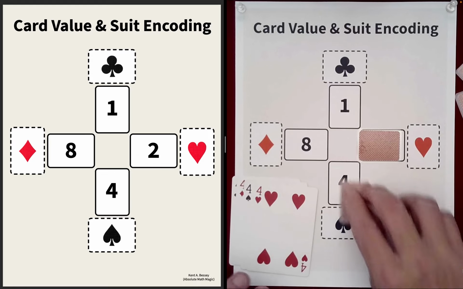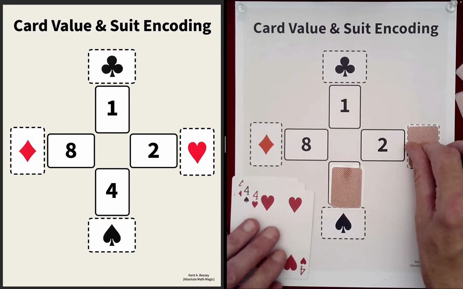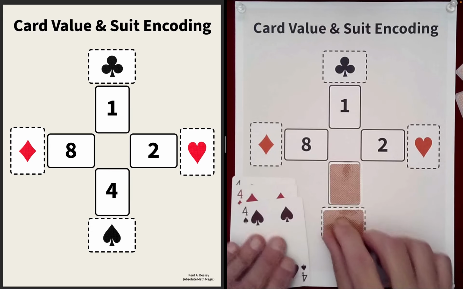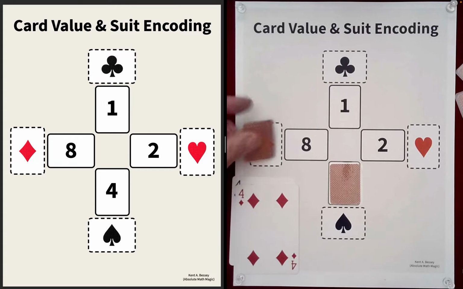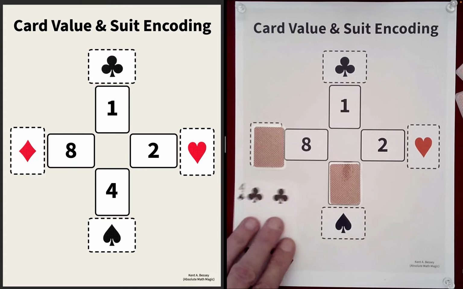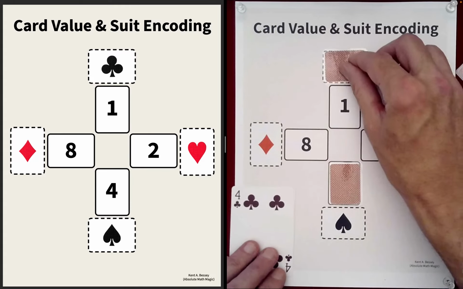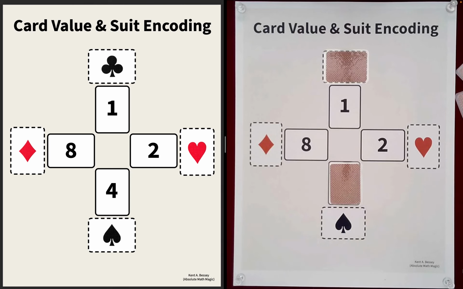And then 4, we have 4 of hearts, there you go, 4 of spades, 4 of diamonds, and then 4 of clubs. Go up here. Okay, so we've actually done the entire deck. We've gone through every single configuration that's needed to represent each and every one of the 52 cards.